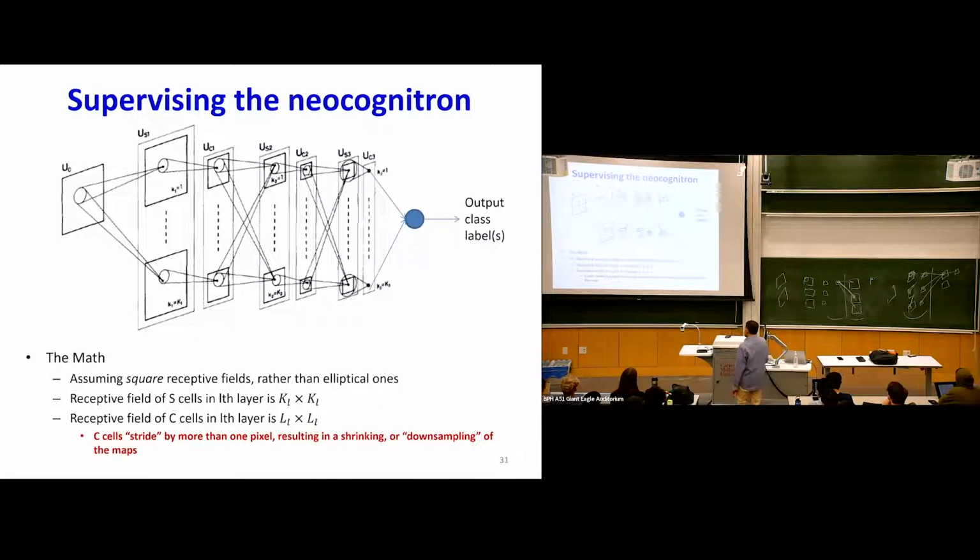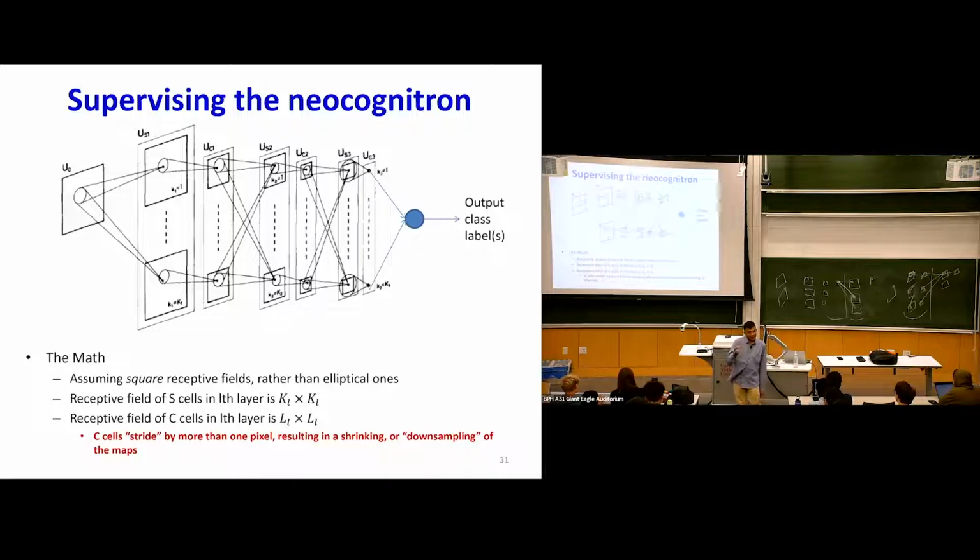So that's one simplification. The second is these elliptical receptive fields that Fukushima had are kind of hard to model. So you're going to say that the receptive fields are rectangular or square. That's the second simplification. And then third, we're going to still stay with the original model. So the way we said it, C cells are cleaning up what you see in the S cells. So a C cell is going to see a rectangular region of the previous S plane, find the maximum value because it's doing a max.